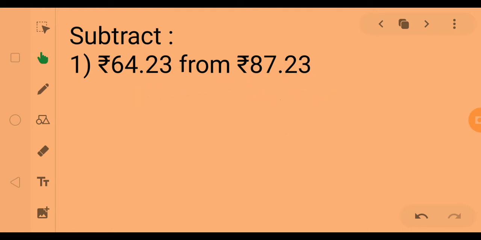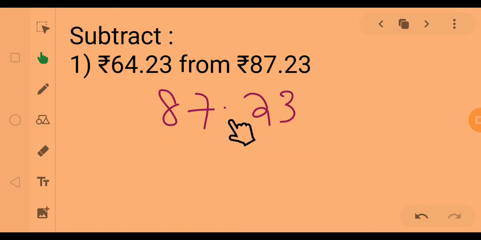Here we are subtracting the first amount from the second amount. So as per the question given, we have to write the second amount first, that is 87.23, because from 87.23 we are subtracting 64.23. So from which number we are subtracting the other number, that particular number we write first.